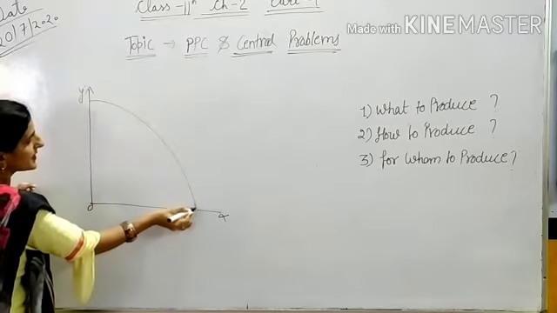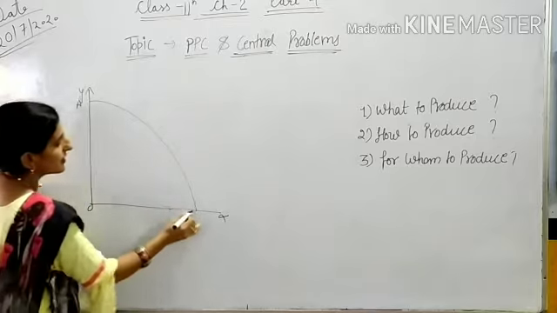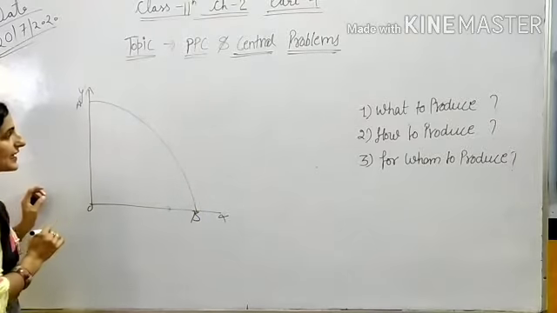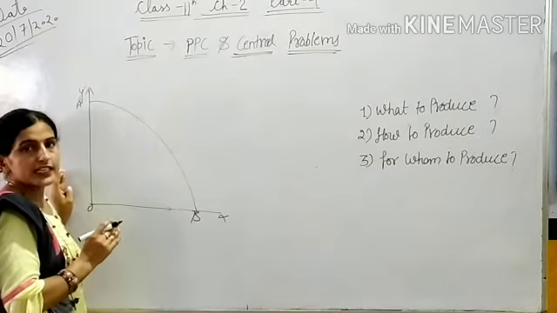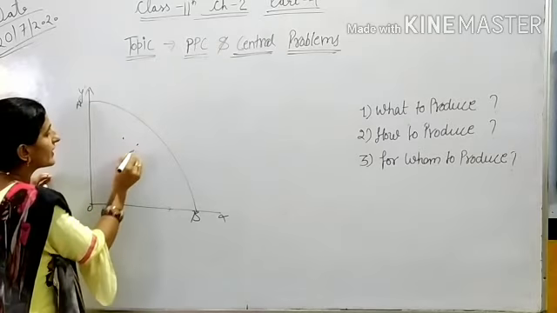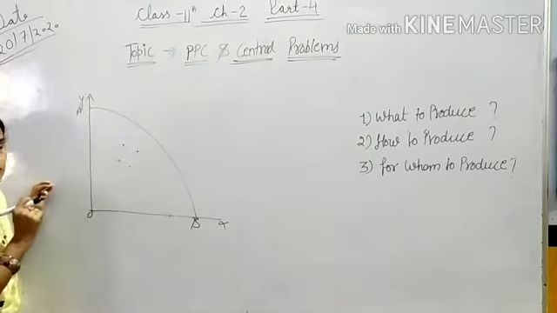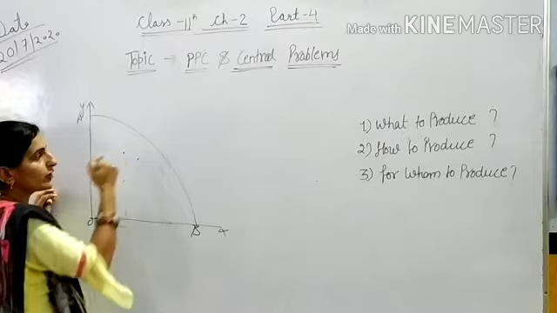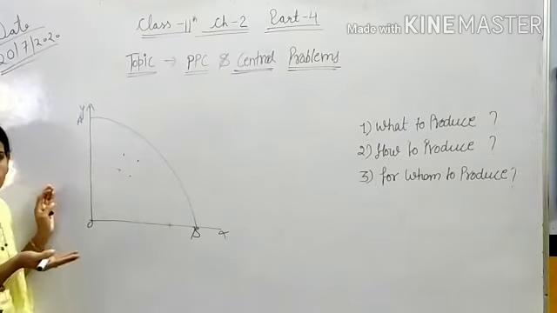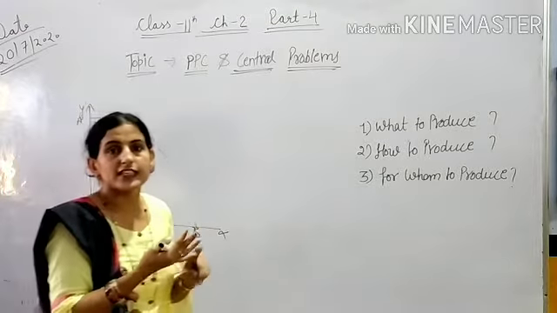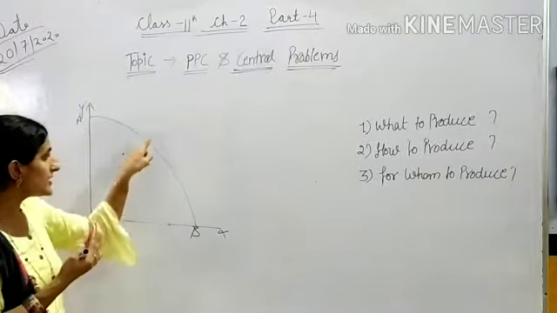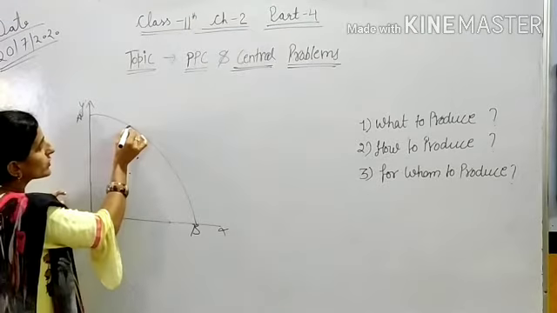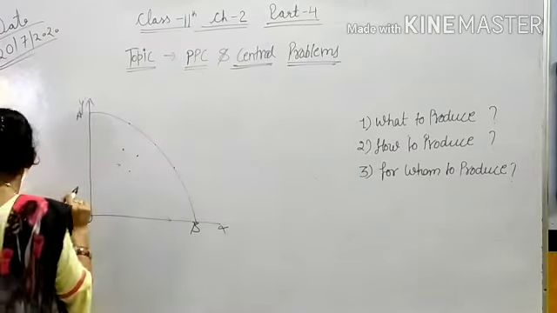Here AB line is the PPC. If a country is producing somewhere inside it, this is underutilization of resources, and outside of this line is overutilization of resources. We cannot attain these points. We have to produce somewhere on this line.